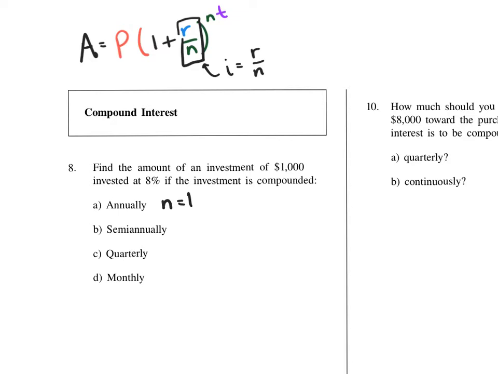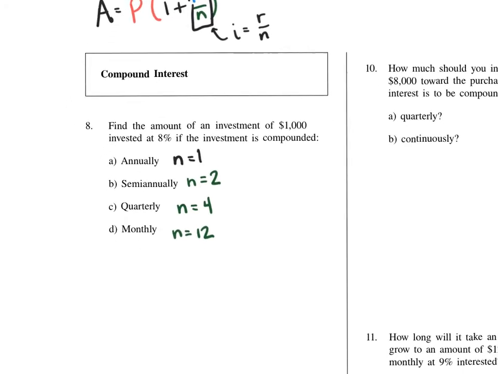The next one, semi-annually, means I do it twice a year, so N is equal to 2. Quarterly means I do it 4 times a year. And monthly means I do it 12 times a year. So the N is telling you how many times you're going to look at this compound interest formula and add it back to the principal to get your new ending balance.